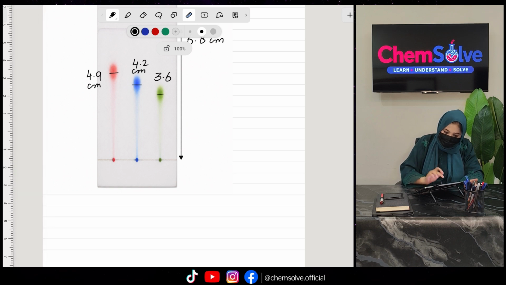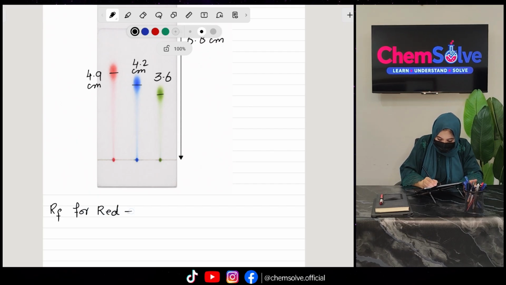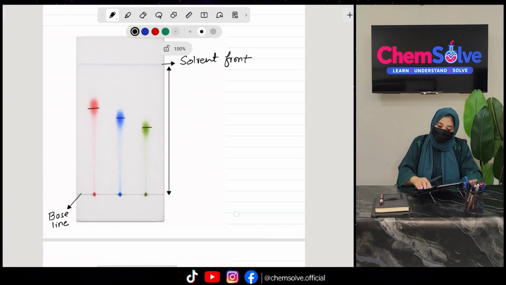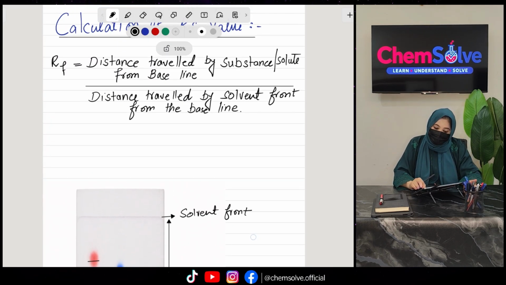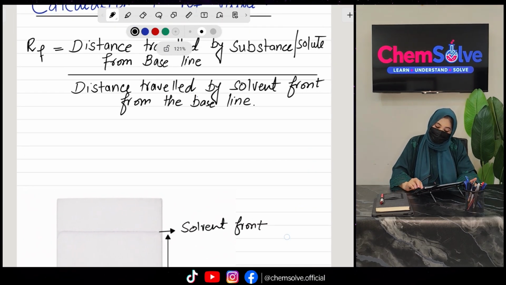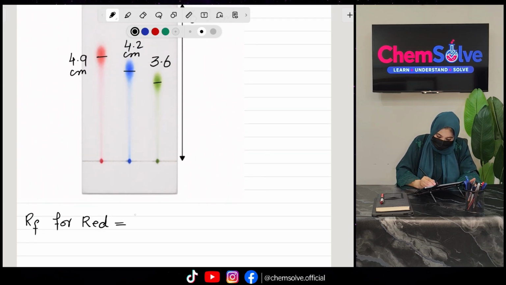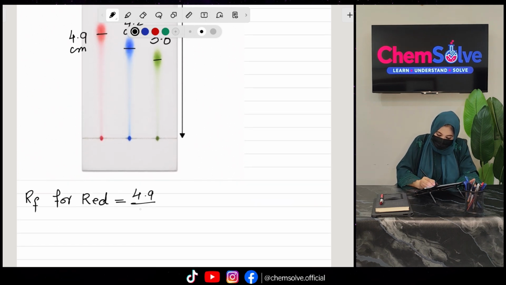Now comes the calculation part. RF value for red. Go back to the formula. Formula says distance traveled by the substance divided by distance traveled by the solvent front. So red color has traveled 4.9 centimeter and our solvent front is 6.8.